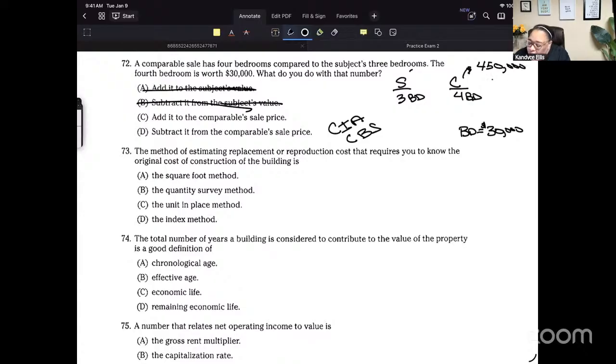We're saying if this comp sold for $450,000 with 4 bedrooms, it would have sold for less money if it had 3 bedrooms. It wouldn't have sold for $450,000 with 3 bedrooms. So it would sell for less money, so we're going to subtract it from the comparable sales price. Remember, CIA: if the comp is inferior, you add, and CBS: if the comp is better, you subtract.